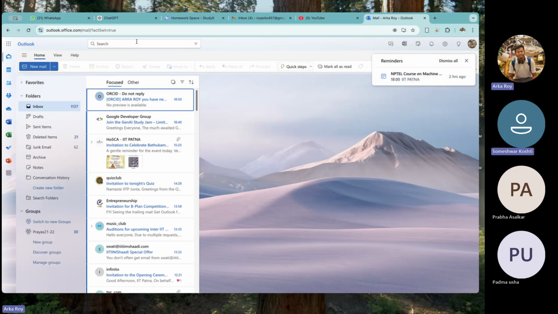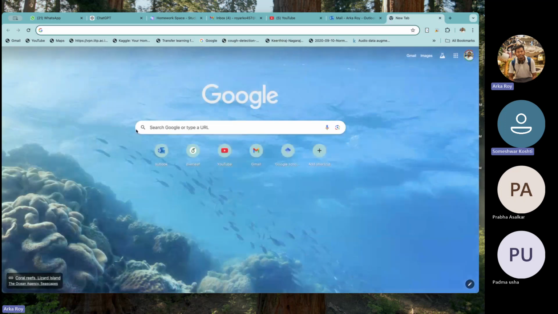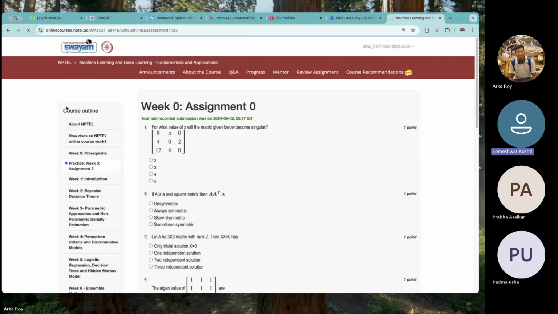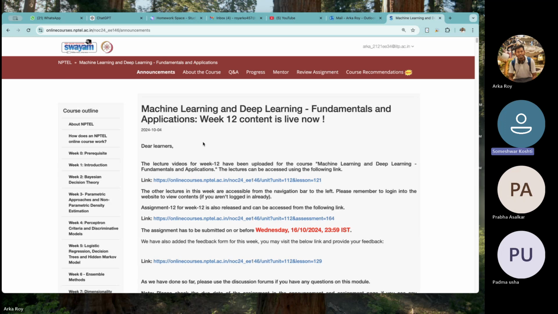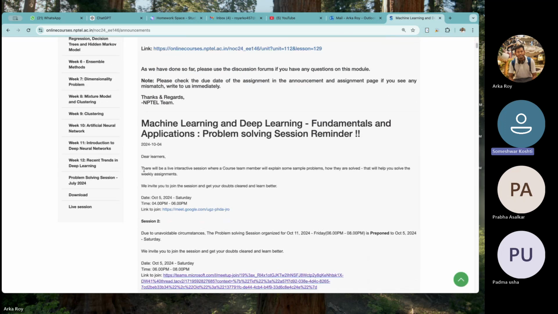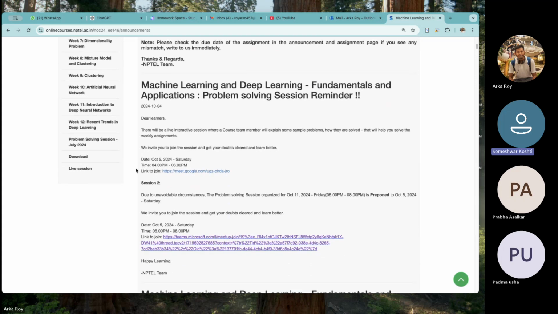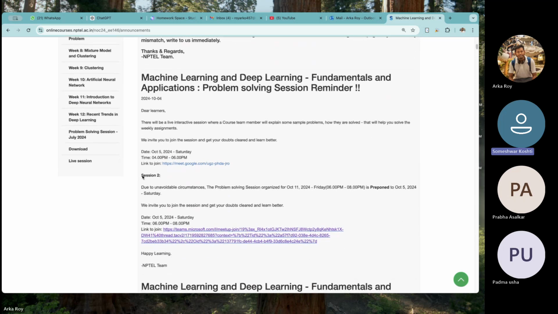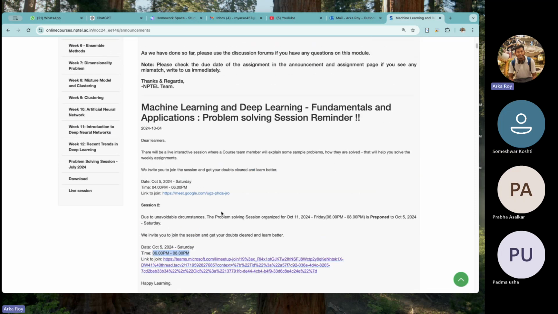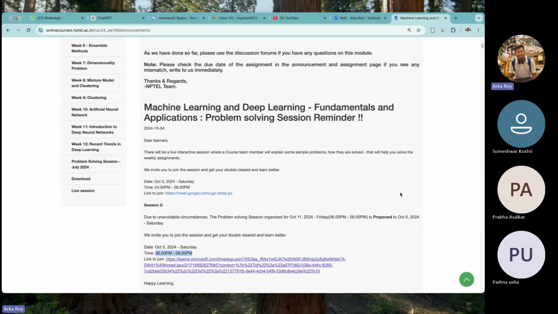There is no email, but if you go to the announcement tab in the course, we'll see the first message that week 12 content is live. And the second message, sent today itself, 4th October: dear learner, there will be a live interactive session on October 5th from 4 to 6, and a session 2 from 6 to 8. So tomorrow there will be another class.